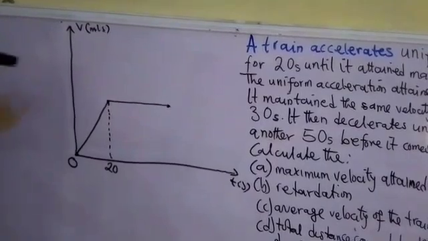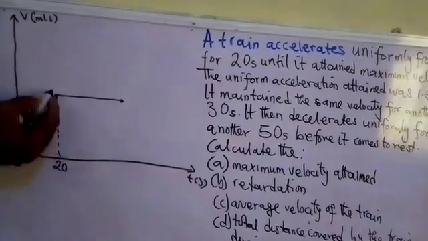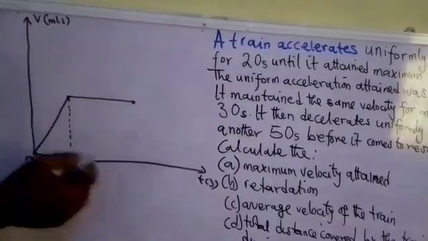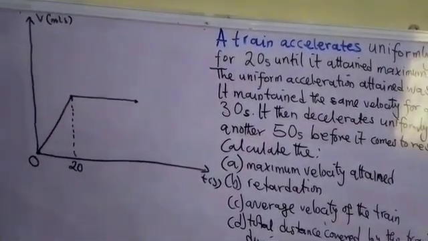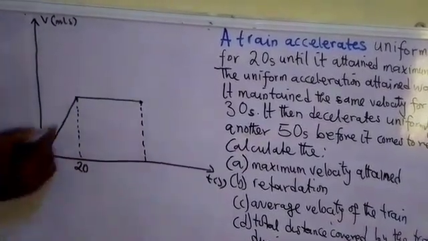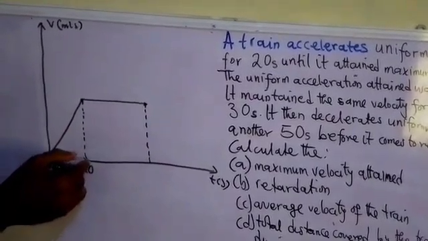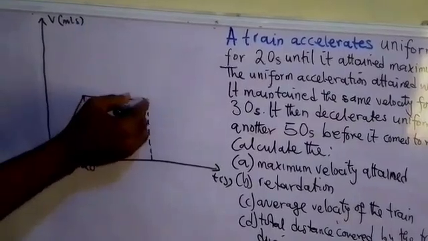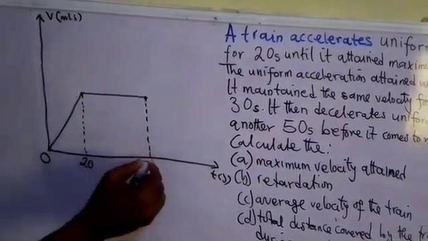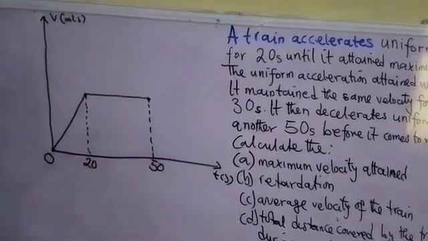But we're told that from when it attained it to when it maintained it was extra 30 seconds. What does that mean? The first time it accelerated 20, another 30 seconds to remain on the same velocity. This place has to be 50. That means 30 plus the 20 it has initially attained.